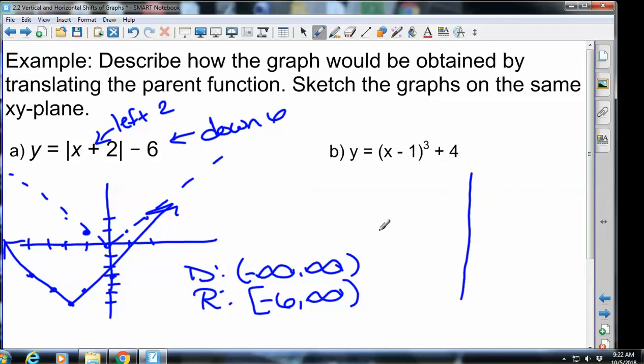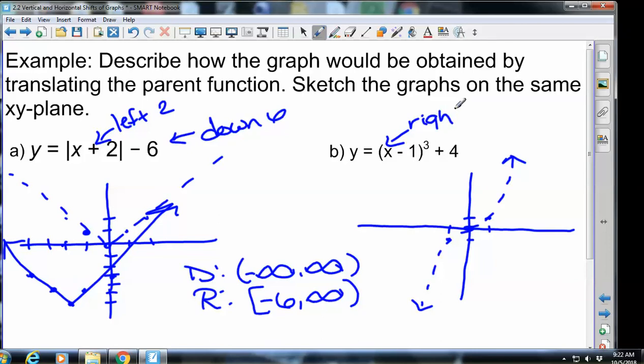We've got our x cubed, so that's the chair. 0 cubed is 0, 1 cubed is 1, negative 1 cubed is negative 1. Describe the transformation. So, inside that would go right 1, and up 4.